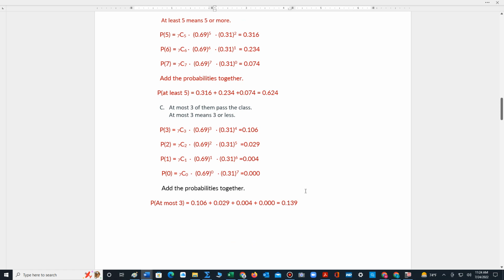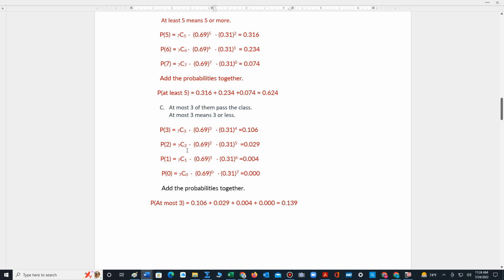For part C, it's saying at most 3 of them pass the class. So that means at most 3 means 3 or less. So we have to calculate the probability for 3, 2, 1, 0. We can't go past 0. 0 is the last value that we can calculate the probability for.